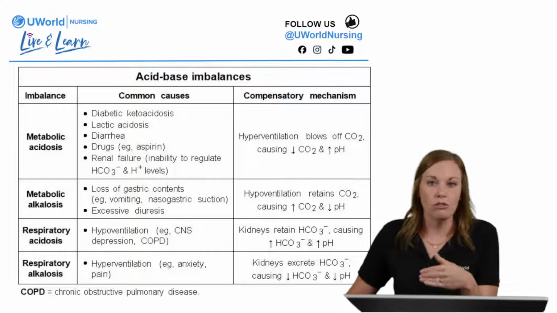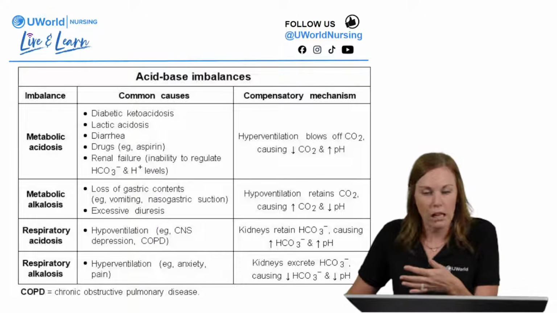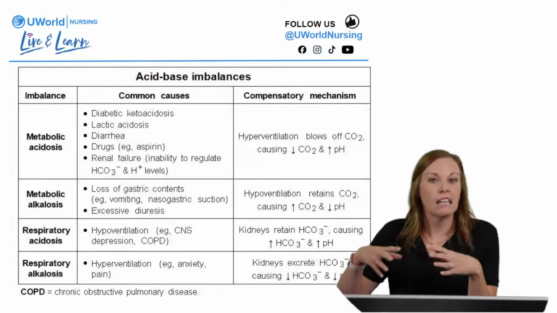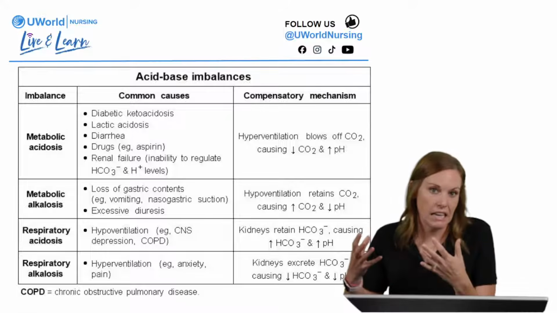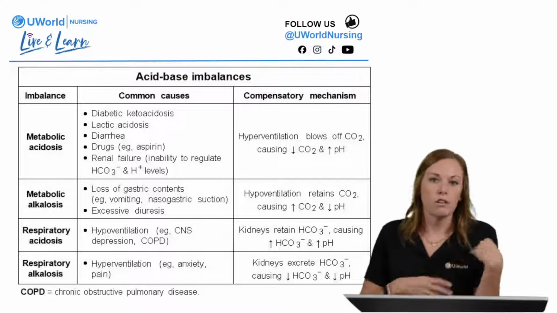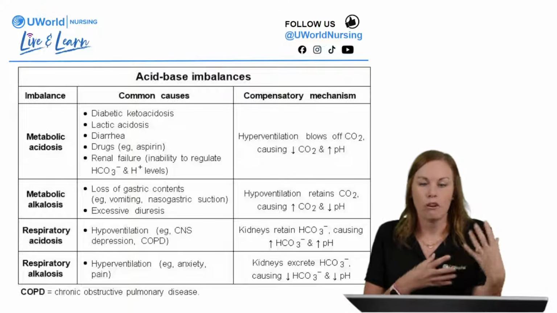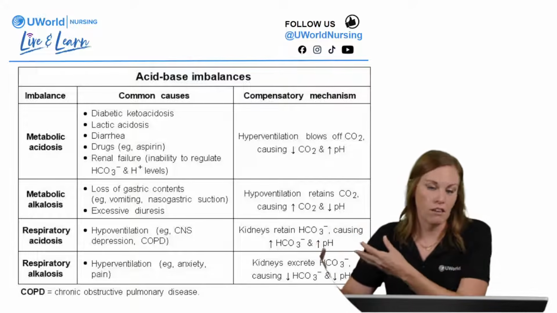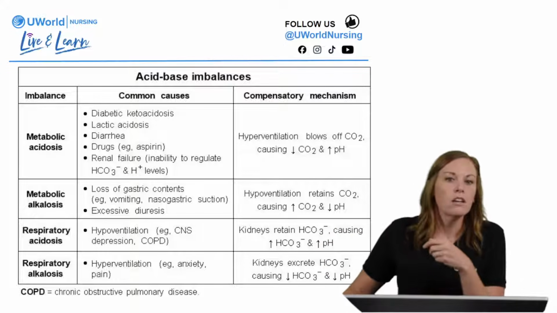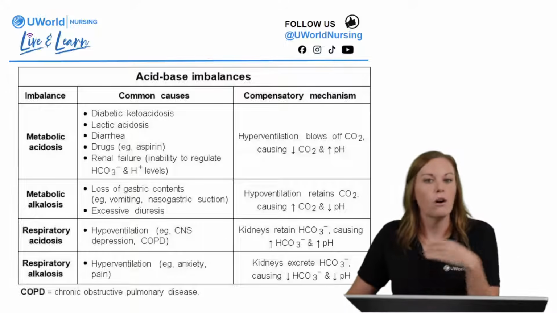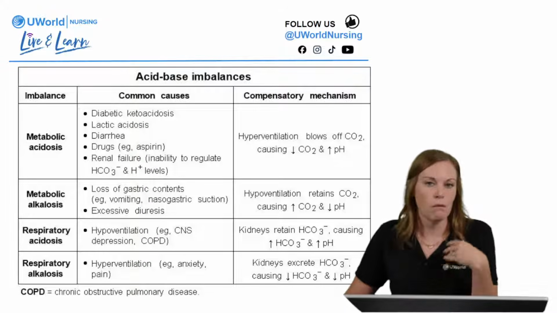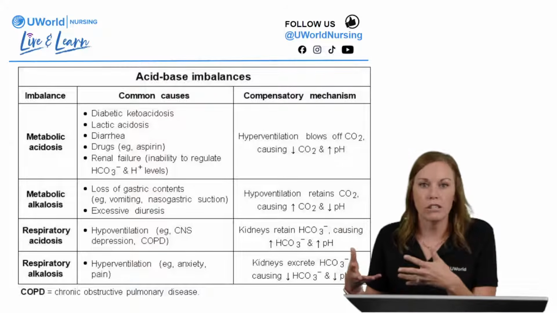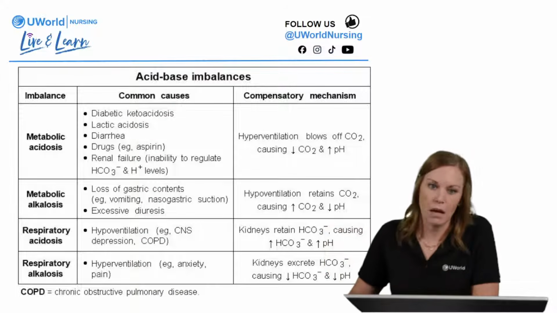So if we have too much acid due to metabolic situations happening, we're going to use our lungs to eliminate another acidic element, which is CO2. So when we blow off that CO2, our pH is going to rise, because remember, if we're acidic, we have a low pH, and the bicarb over time is going to compensate and rise as well.